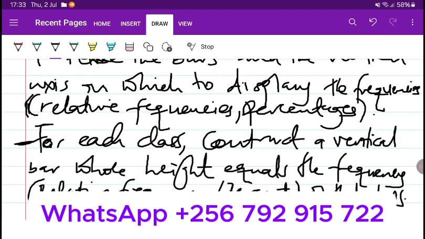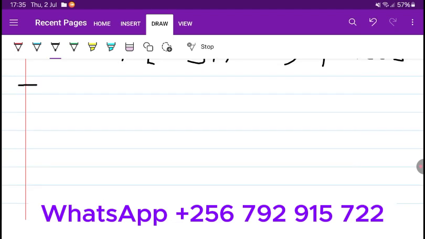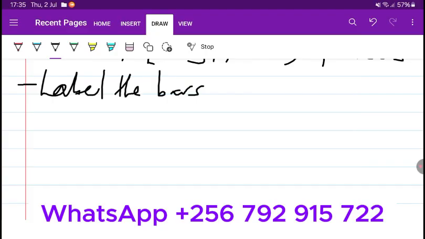And of course, lastly, number 4, we said we label the bars with the classes.